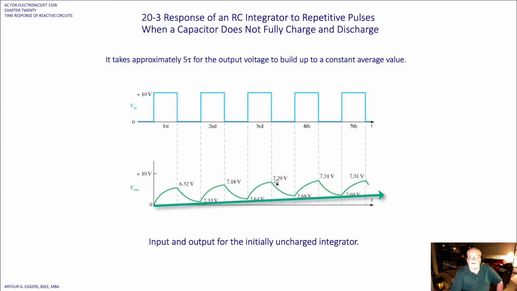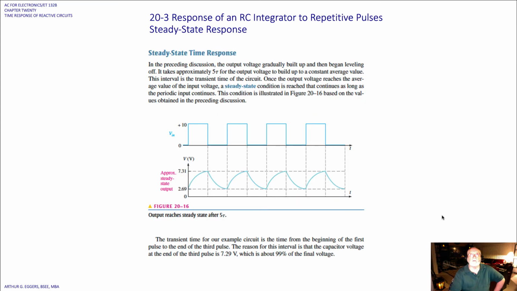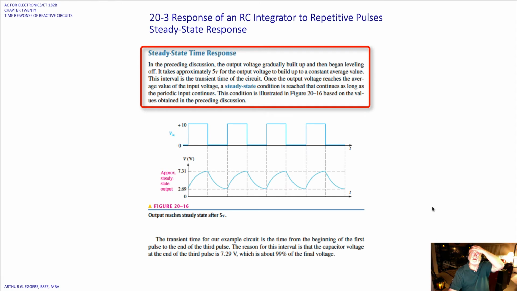Again, this goes back to exactly what we saw at the beginning of this video. Steady state time response. In the preceding discussion, the output voltage gradually built up and then began leveling off. It takes approximately 5 time constants for the output voltage to build up to a constant average value.